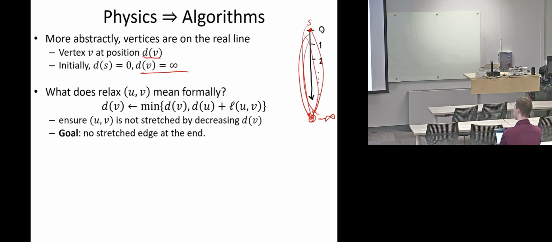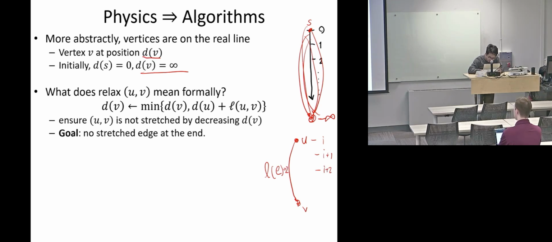So what do I do? I take the position of V and try to decrease it. By how much? Just look at the position of U. If U is here, and let's say this edge was super stretched, and maybe the edge length is 2, so U is at position i, and we have i plus 1, i plus 2, and so on.